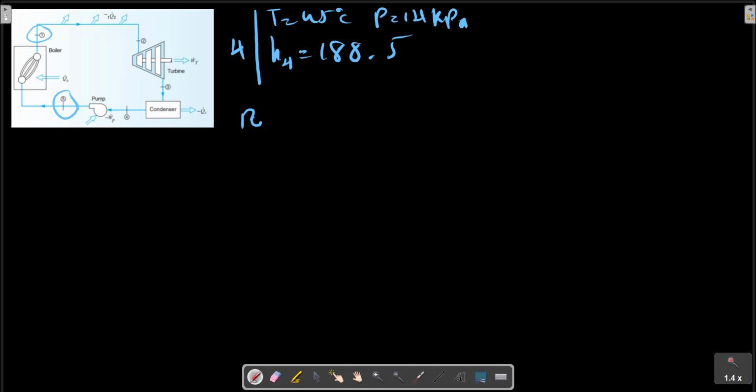For the pump, the work rate is given, which is 4 kilojoule per kilogram.